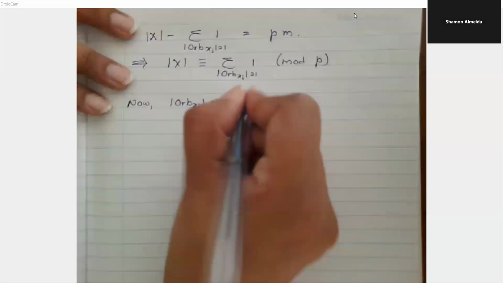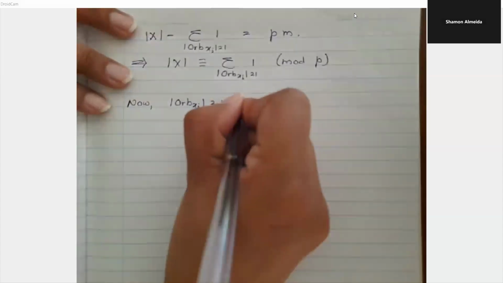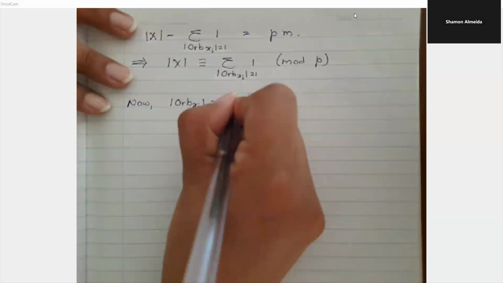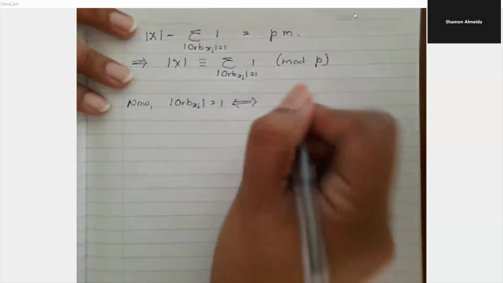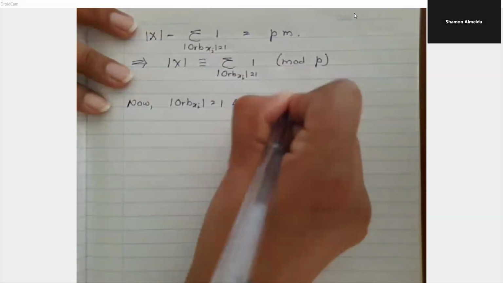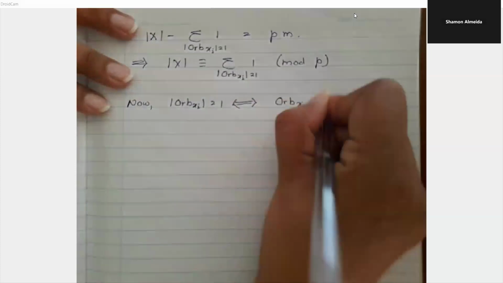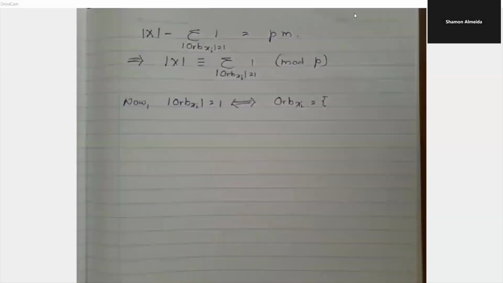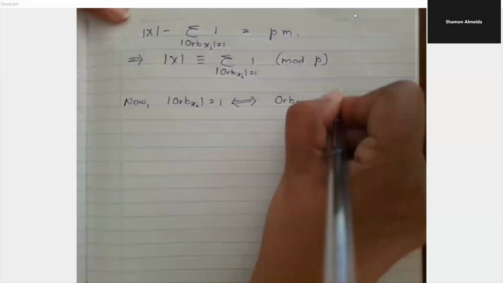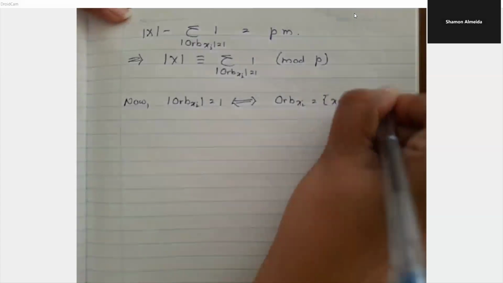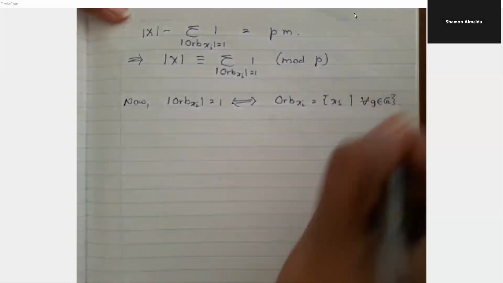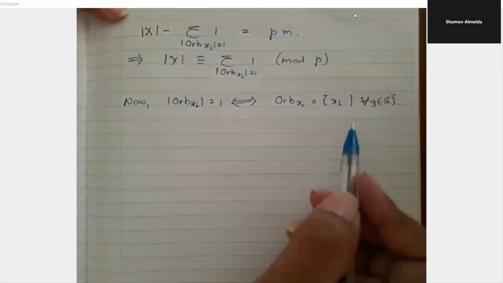This is if and only if the orbit of xi, by definition, is simply containing the point xi. What sort of elements do we have here? We have g dot xi for every g in G.